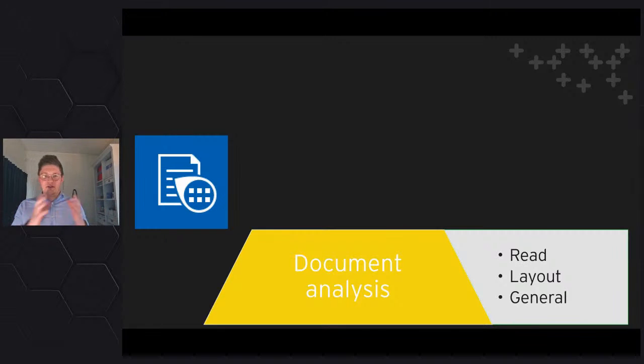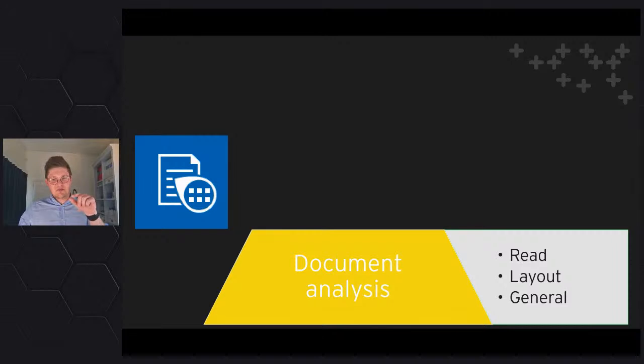But then you can go into the layout feature. The layout feature will find, for example, if there's a table in the document, it will find if there are checkboxes and so on. And building on top of that is the general document analysis feature, where it can also detect that this checkbox seems to have a label next to it, so I'll name this checkbox whatever the label says.